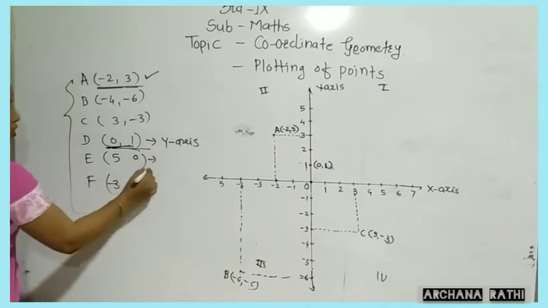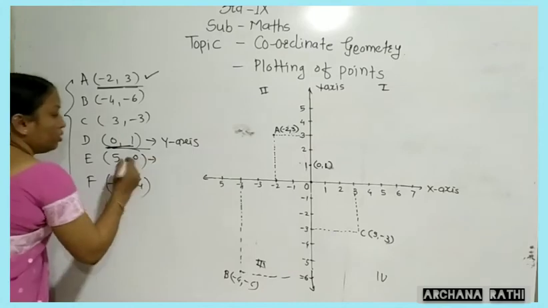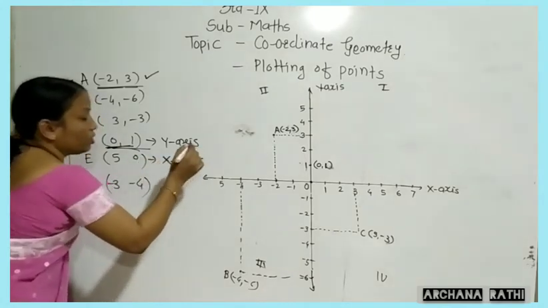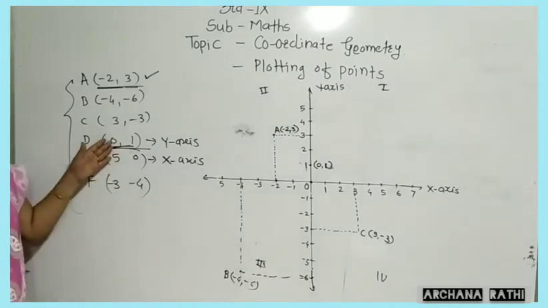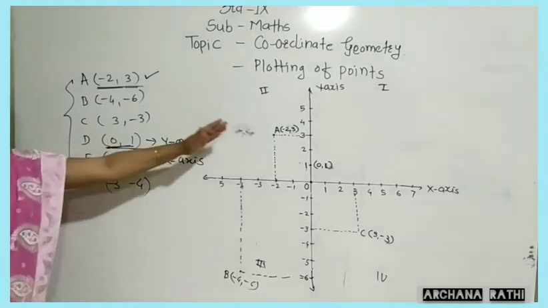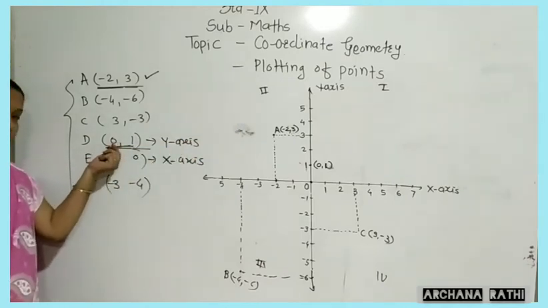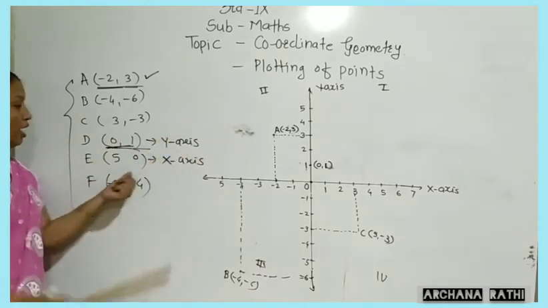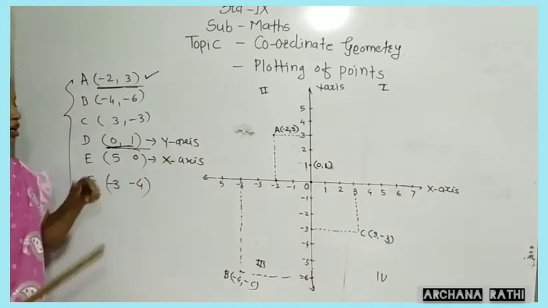And whenever the x coordinate is 1 and the y coordinate is 0, that will lie on the x-axis. This type of question is generally asked: on which quadrant do these 2 points lie? Actually they are not in any quadrant, and we keep searching for a quadrant. If the x coordinate is 0, then that will definitely lie on the y-axis. And if the y coordinate is 0, then that point will lie on the x-axis.